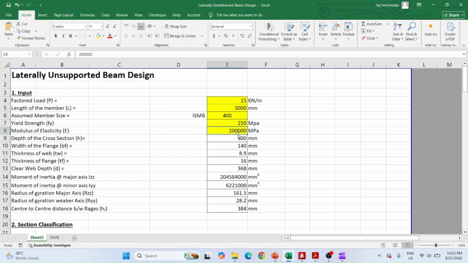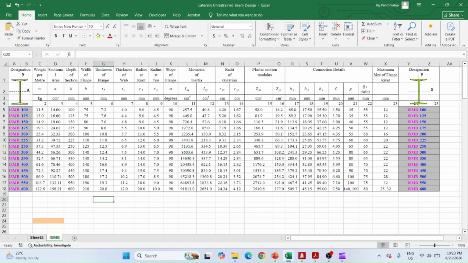Modulus of elasticity is 200 gigapascal or 200 into 10 power 3 megapascal. Depth of the cross section, since it is ISMB 400, is 400 mm. Now the various section properties, that is width of the flange, thickness of the web, thickness of flange, and the clear depth, you can get all these values from the table over here.